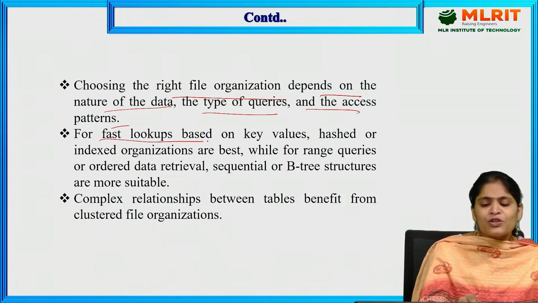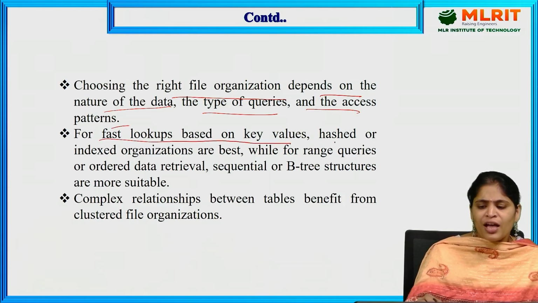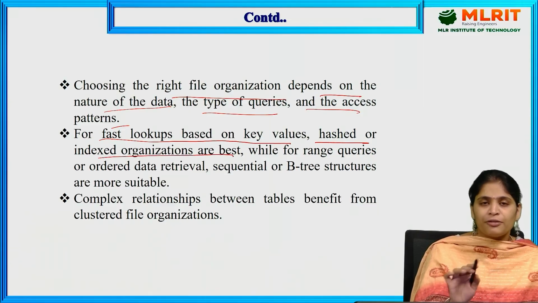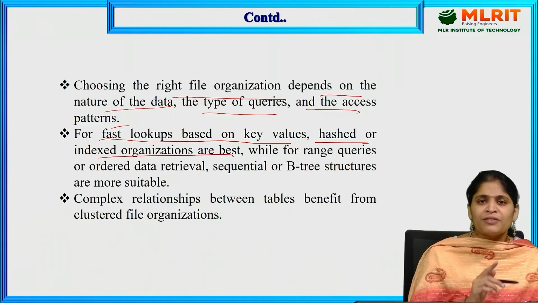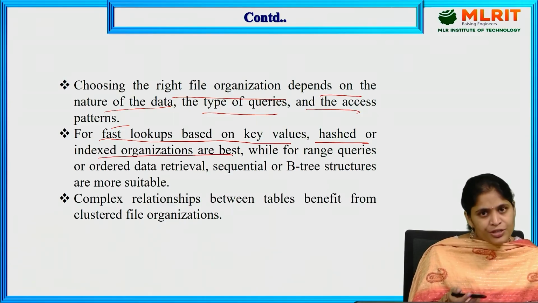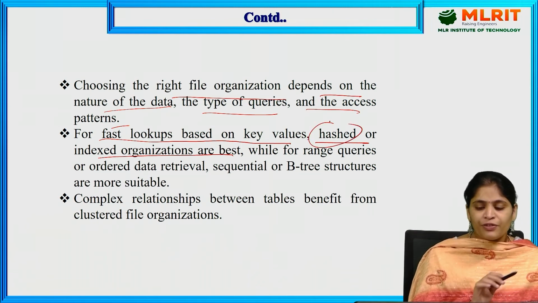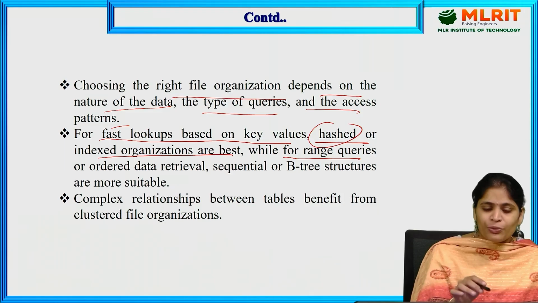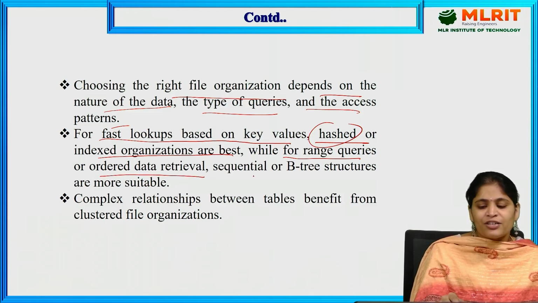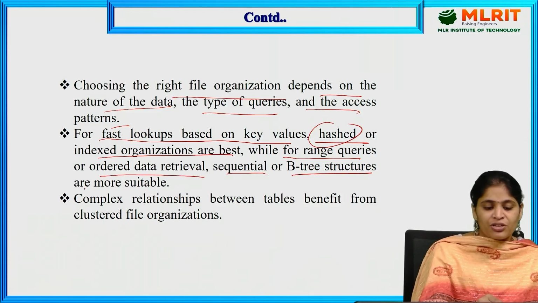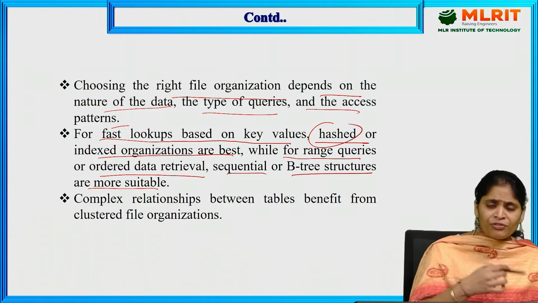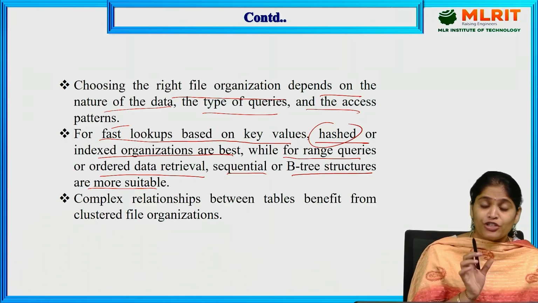For fast lookups based on key values, hashed or indexed organizations are best. That means if I want to get ID 103, then hash based or indexed file organizations are best. While for range queries or ordered data retrieval, sequential or B tree or B plus tree file organization is very much suitable.